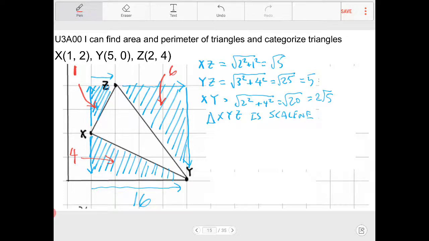So the area of triangle XYZ will be 16 minus 1 minus 6 minus 4. This is going to be 16 minus 11, or really it's 5. The area of the triangle is 5.